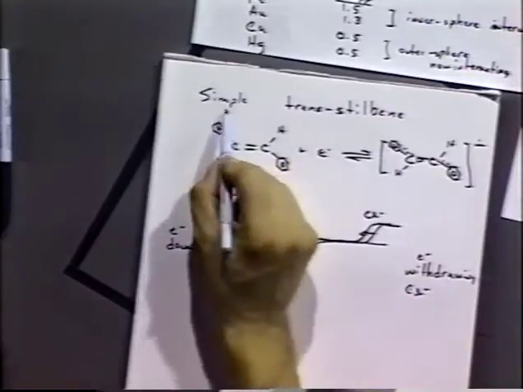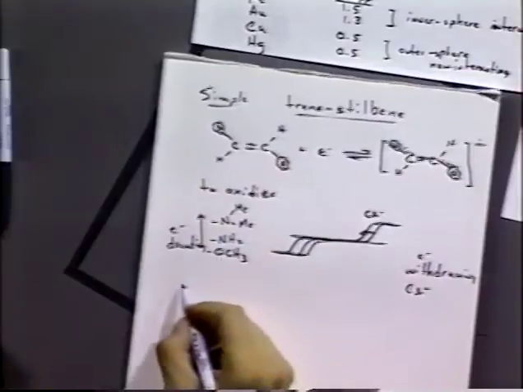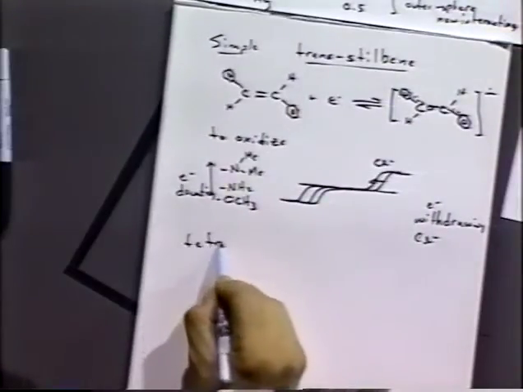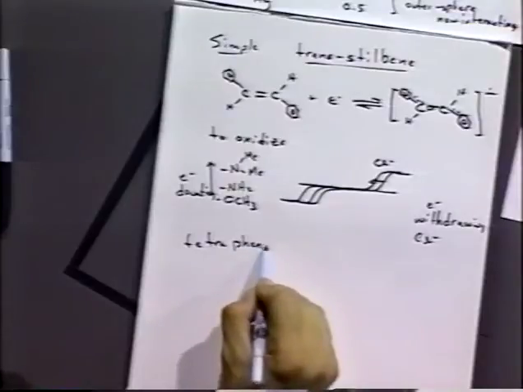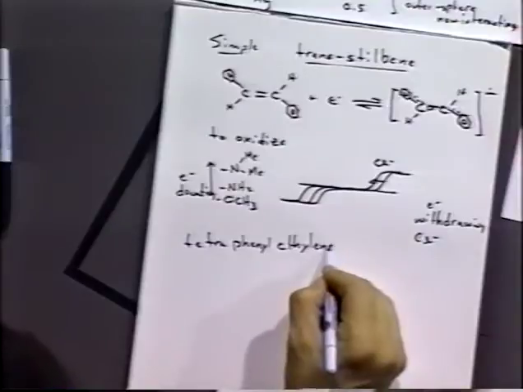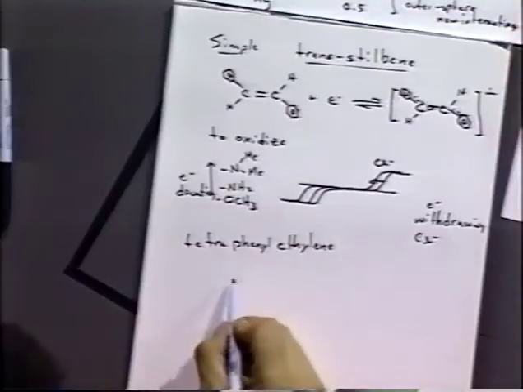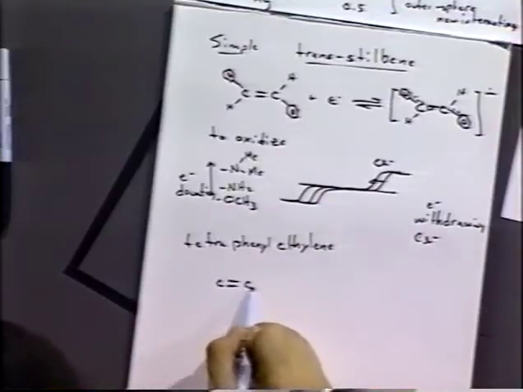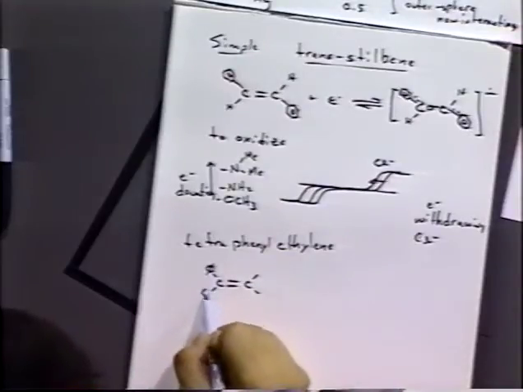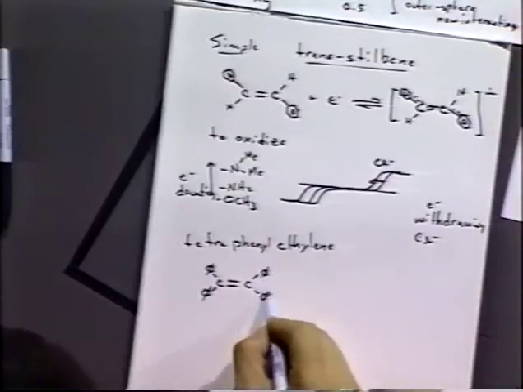Actually, things aren't always so simple. Let's suppose we think about a molecule like tetraphenylethylene. You'd expect it would be similar to trans-stilbene. We've got, instead of one phenyl ring, 4, and we'll use shortcuts, use phi to indicate the phenyl ring.